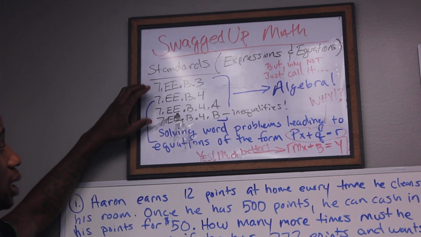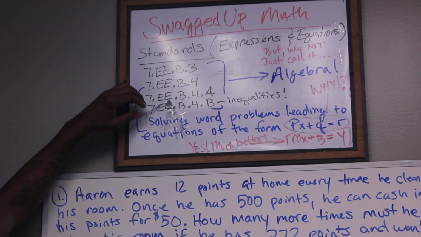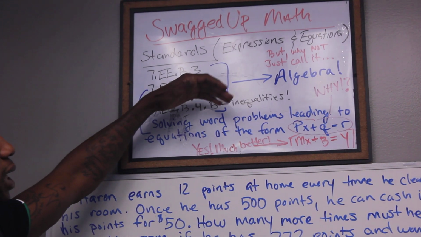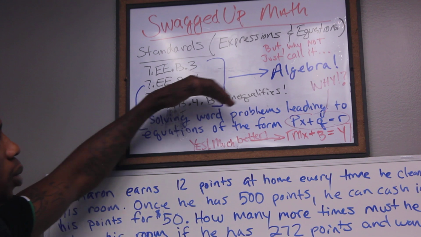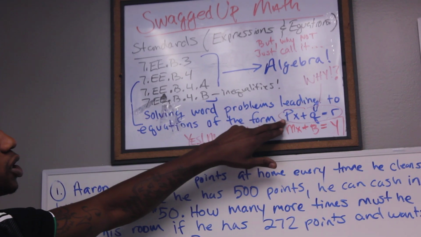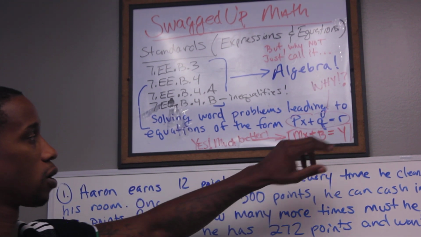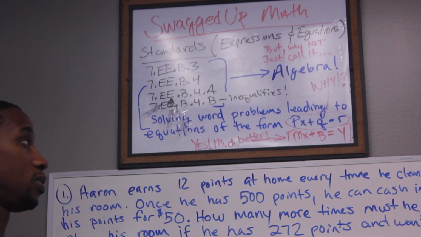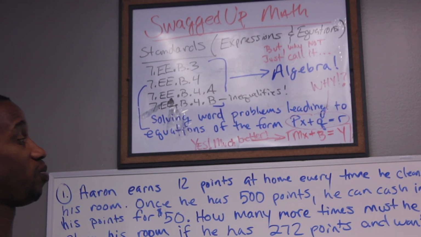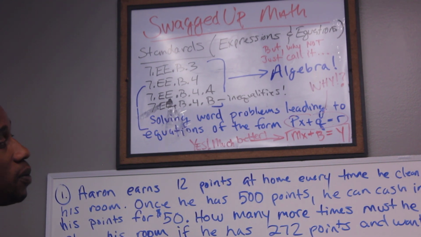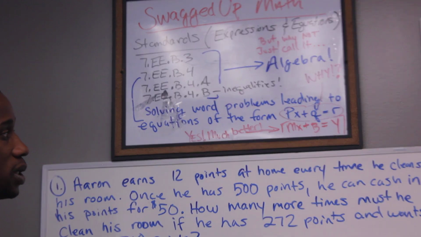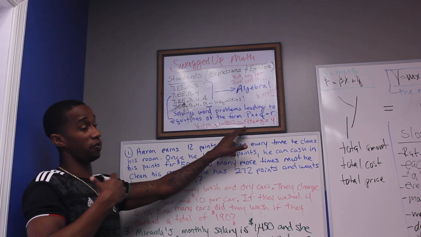deal with word problems, real life situations where kids have to take word problems and turn them into equations. But when you read the standard, they chose to use the variables P, X, Q, and R. For me, that brings my second frustration with how this information is being presented to middle schoolers, because in my opinion, variables don't matter.